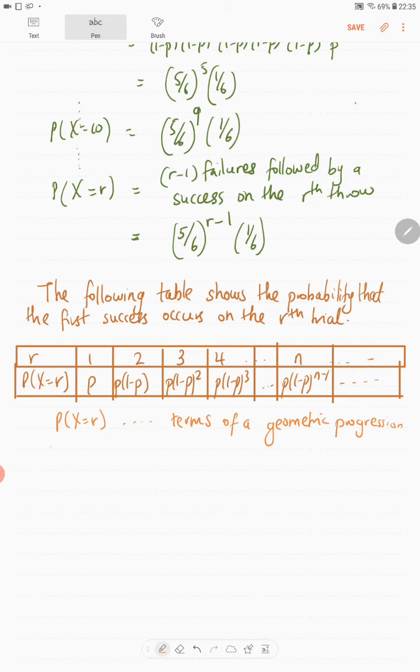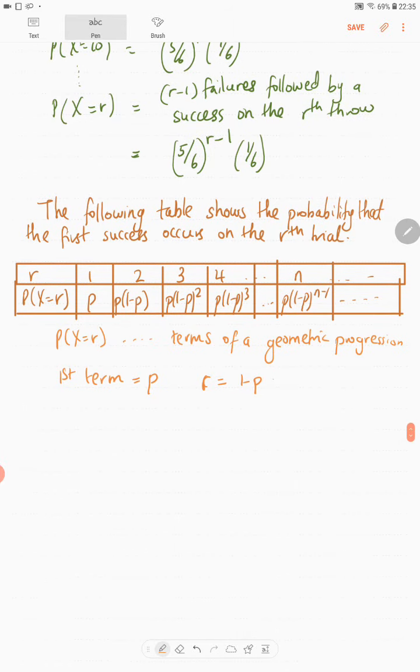The first term of this geometric progression is P, and then the common ratio r is 1 minus P.